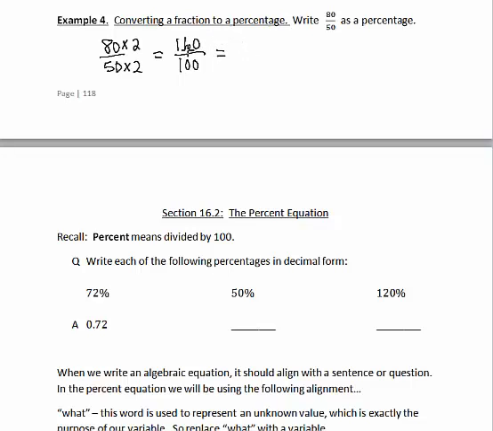So then if we actually divide 160 by 100, we would get 1.60. We have a decimal format of a number. If we want to switch it to a percentage, then we simply move the decimal point to the right 2 places and place a percent sign behind it.